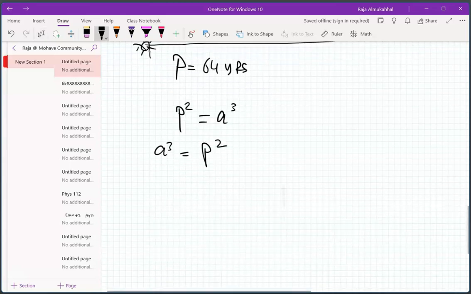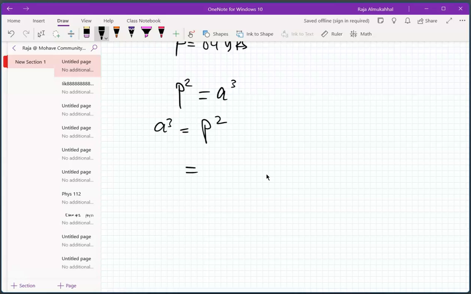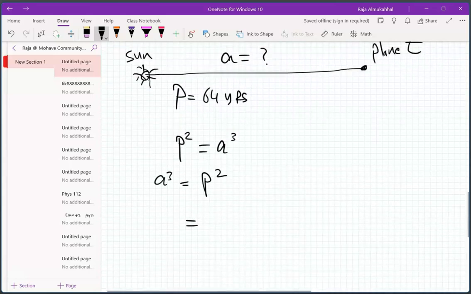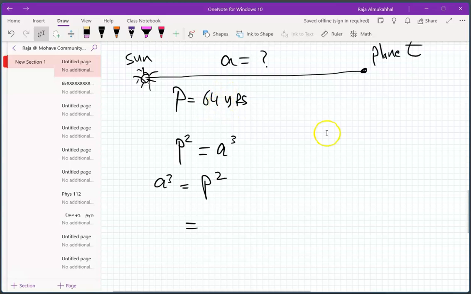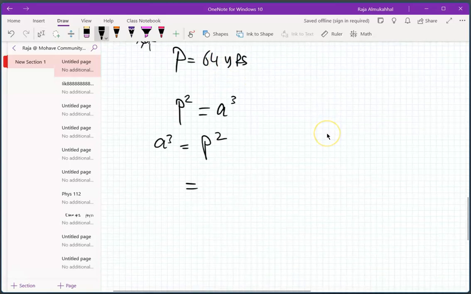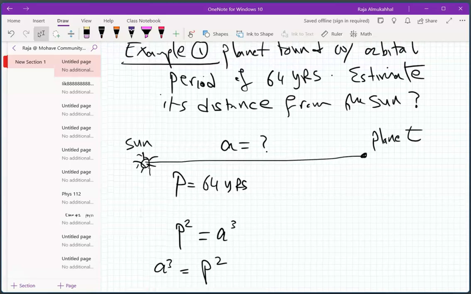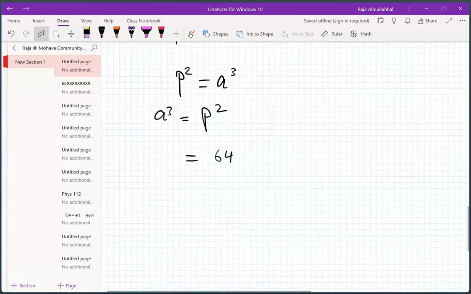And then I would plug in what I got. So P squared, remember P is equal to 64. So I'm going to put 64 quantity squared.